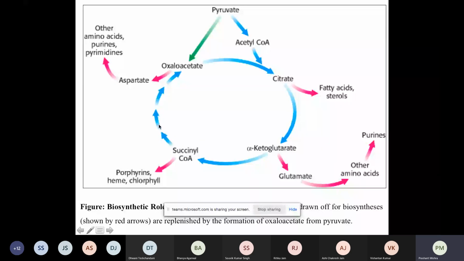At this step, you get one molecule of GTP. Then further, it will be regenerated by one more step of dehydrogenation. So you have seen that there are three NADH being formed, one FADH2, and one GTP. That is the overall gain at the end of the TCA cycle.